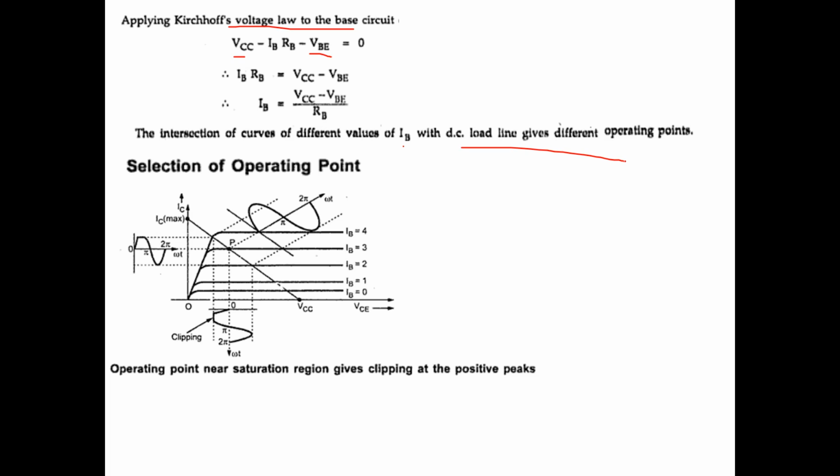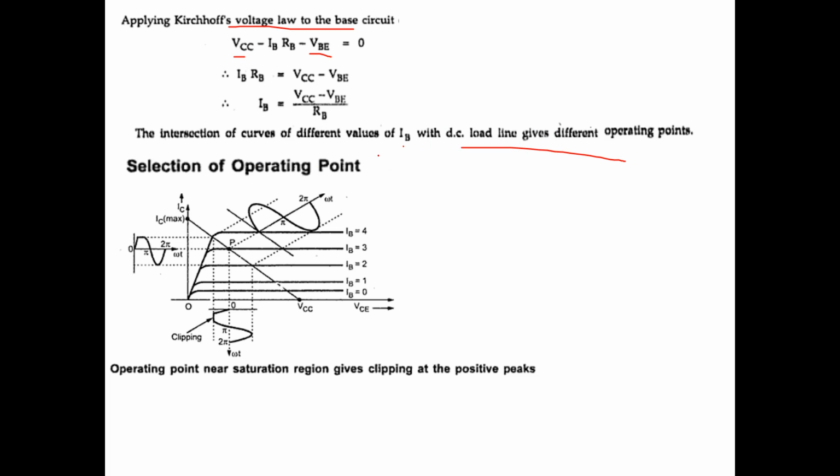So setting the IB current by applying the DC voltage at the base to emitter terminal of the transistor determines whether the transistor is working in the cutoff, saturation or active region.